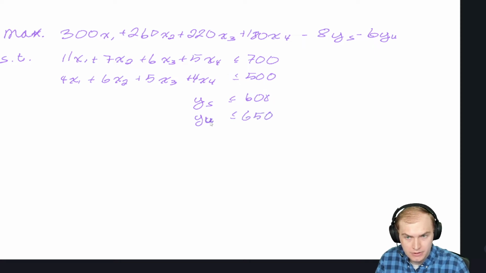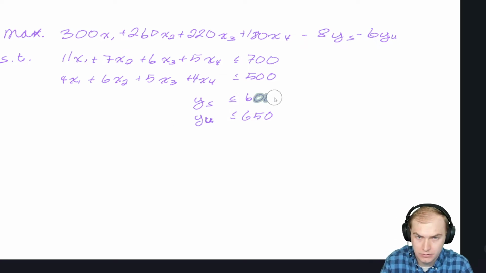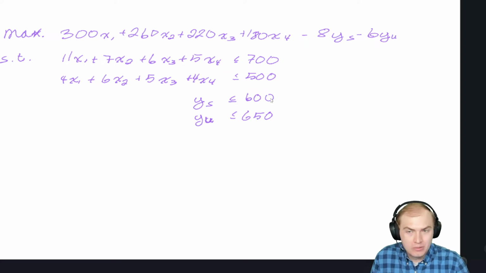So here's our constraint for hours hired of each one. The number of hours of skilled labor we hired has to be less than 600.